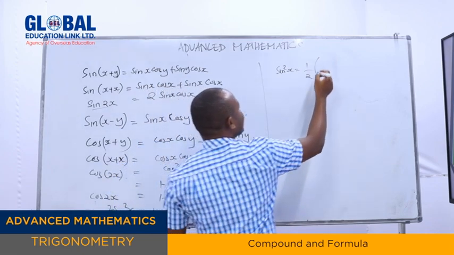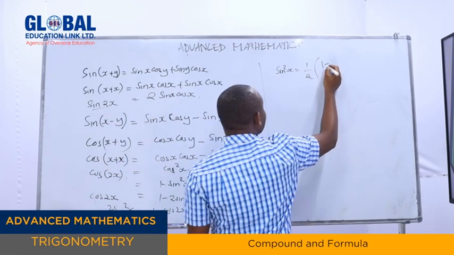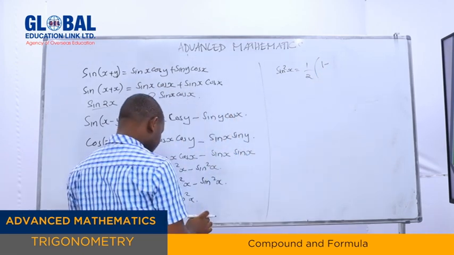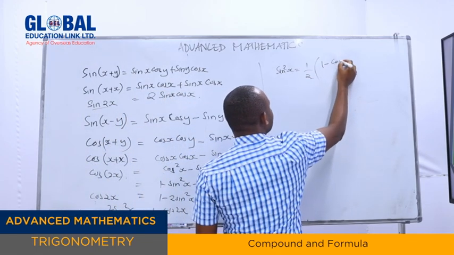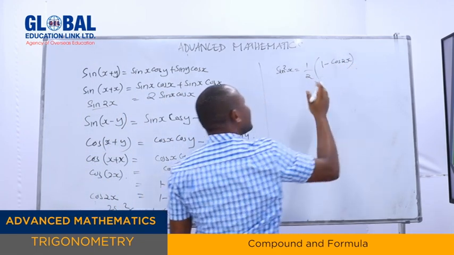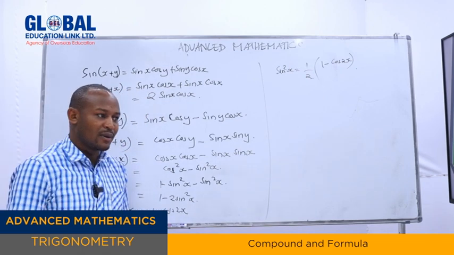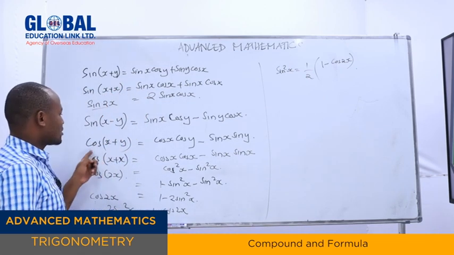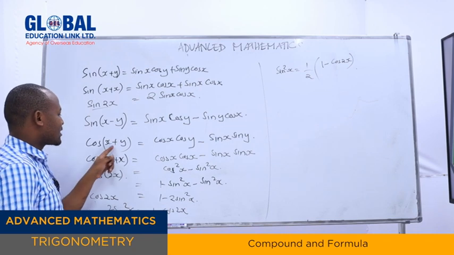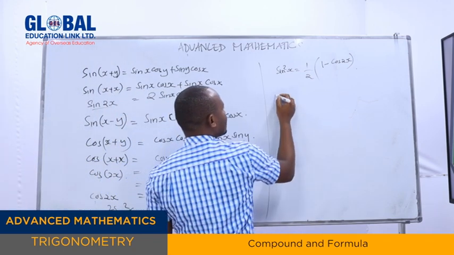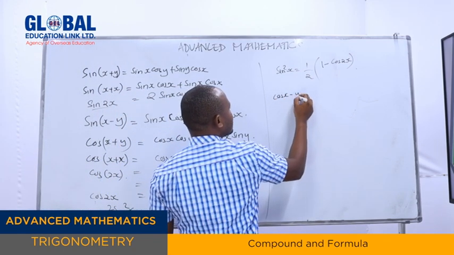These are different identities that are very much useful while doing questions, especially in integrations, as you know. So you can use that the way you like. So that was cos(x + y). What about cos(x - y)?